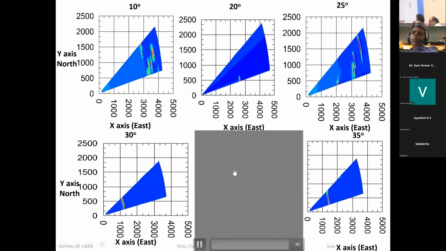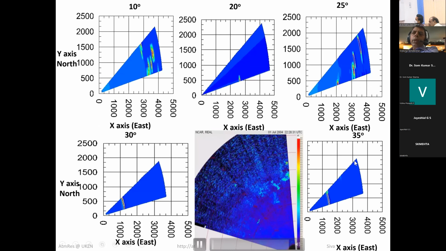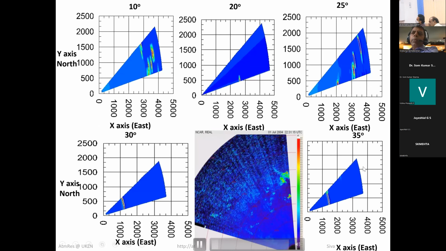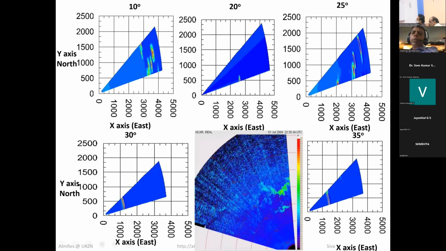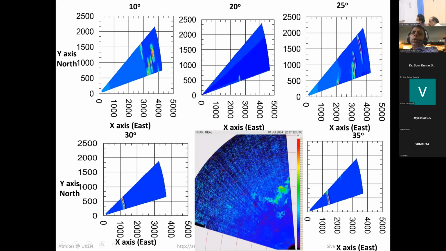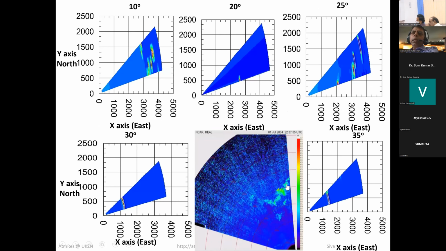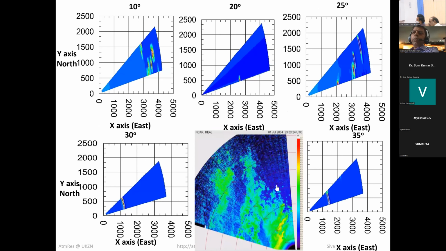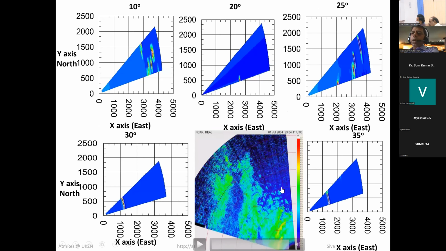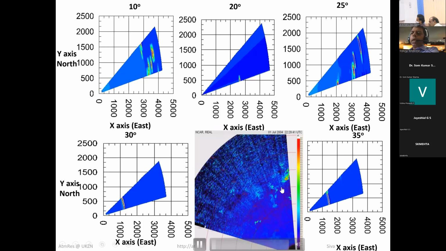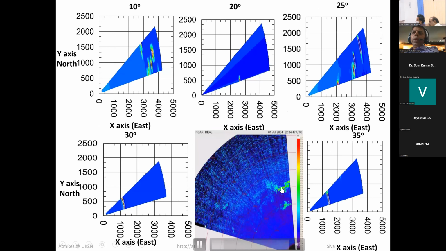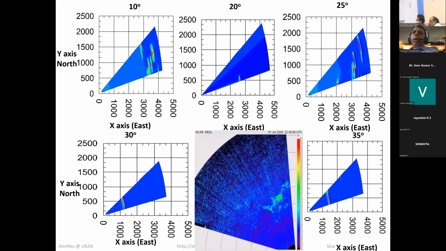Otherwise, one can visualize the signal this way, moving with respect to time and location. If the pollution is moving in particular directions, we can easily visualize it from this portable scanning radar, depending on the requirement and the direction in which it is moving. This gives you, again, the zenith direction.